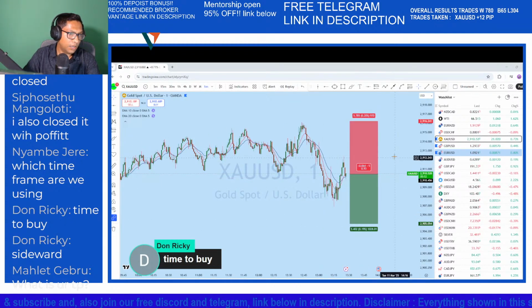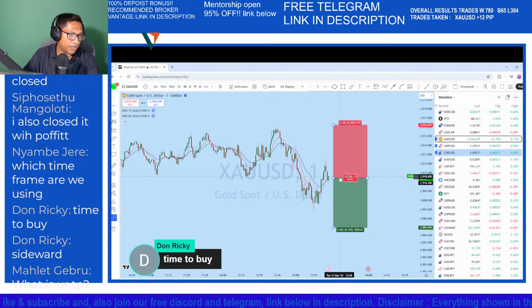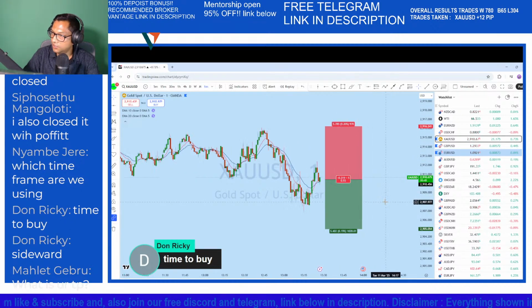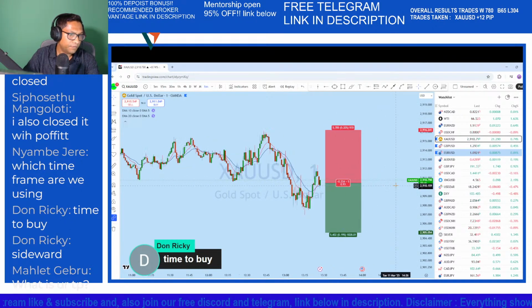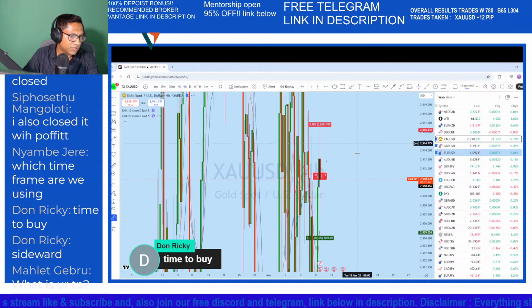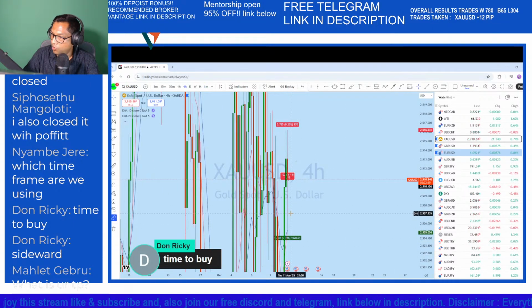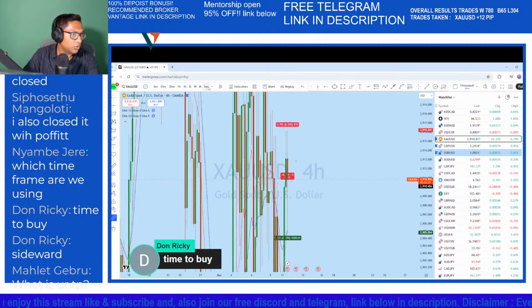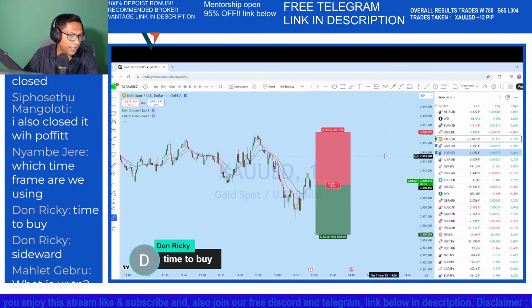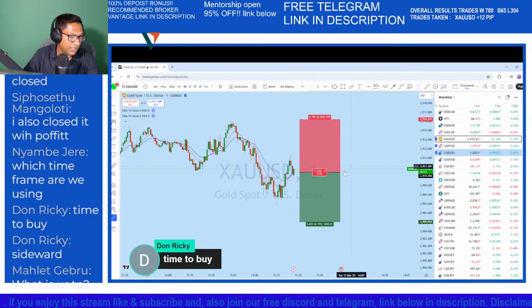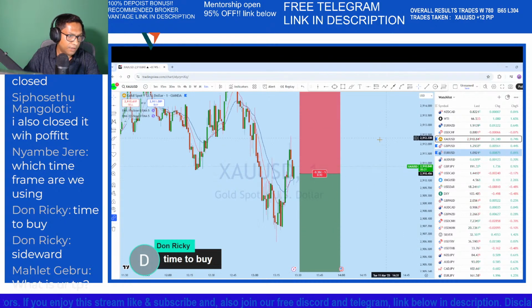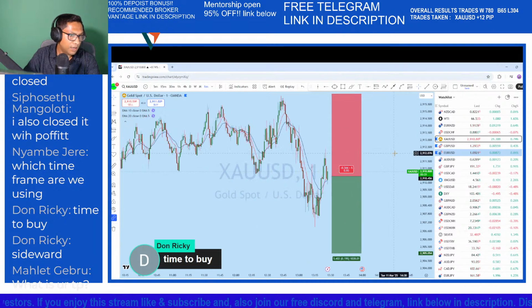Here I'm expecting the market to reject to the downside. If you look at the 4 hour resistance, the price approaches it, and we might see another wave of drop here. We can see there is an upside at the moment.